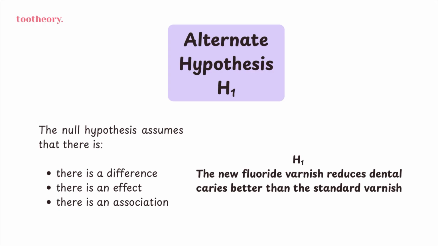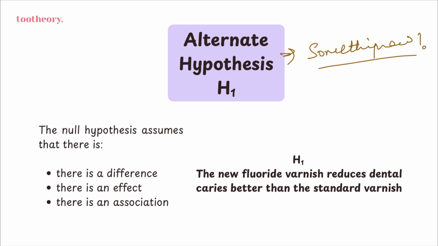So this is the alternative hypothesis. It's known as alternate because it is a hypothesis which is alternate to the null hypothesis, right? So the easiest way to remember this is that there is something new happening, right? So the null hypothesis says nothing new is happening, whereas the alternate hypothesis says something new is happening. That's it. That's all you need to know about null and alternate hypotheses.